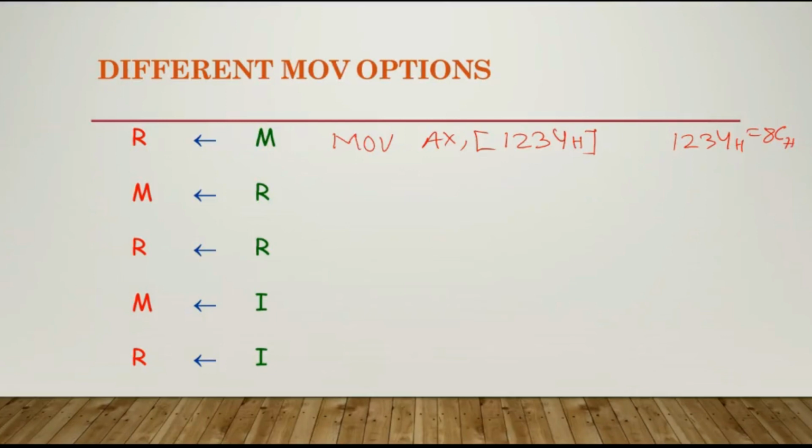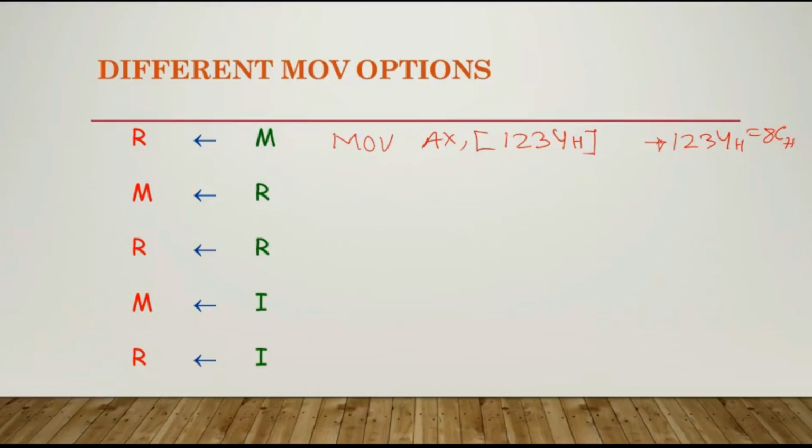As we know, the memory is byte organized. Any address you consider is capable of storing 1 byte of data. So, in this example, the memory location I am talking about is at an offset of 1234H and it has data 8C stored in it. So when I write move AX comma within square bracket 1234H, square bracket represents that it is a memory location. So the content of this particular memory location, which is 8C, will be copied onto AX register.